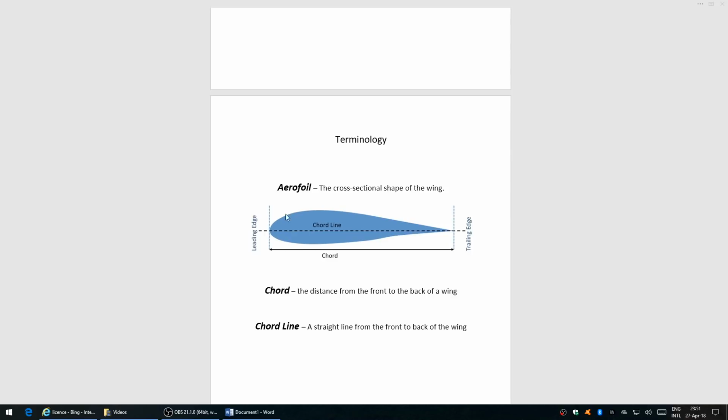That's called the aerofoil. The chord is the distance from the front to the back of a wing. So from the leading edge, the front edge, to the trailing edge, that distance is the chord. The chord line is a straight line from the front to the back of the wing.